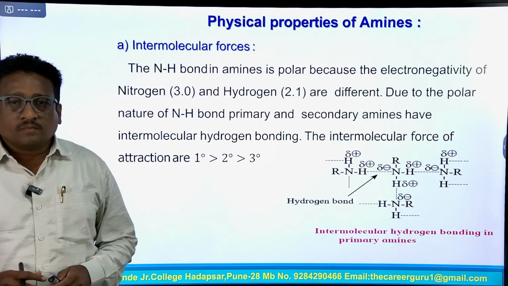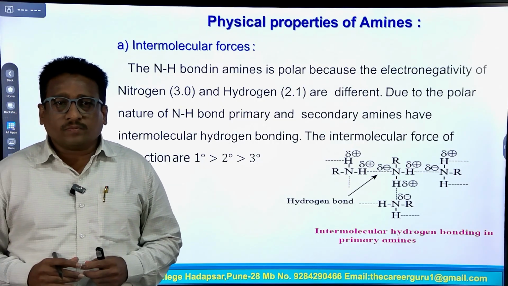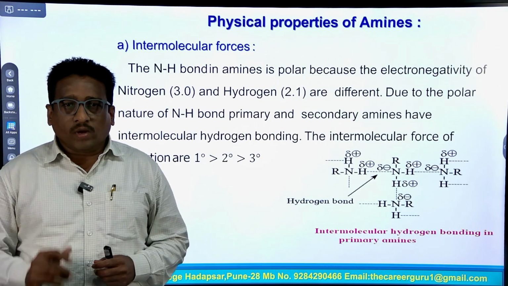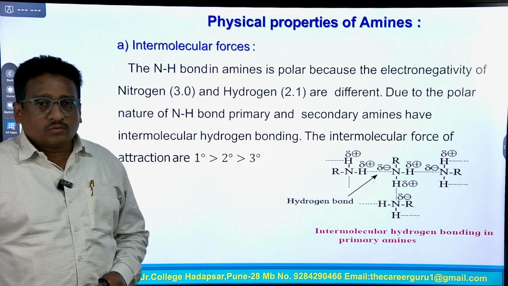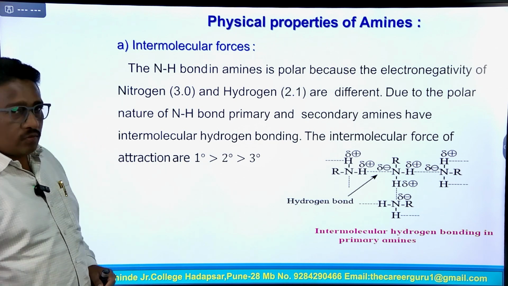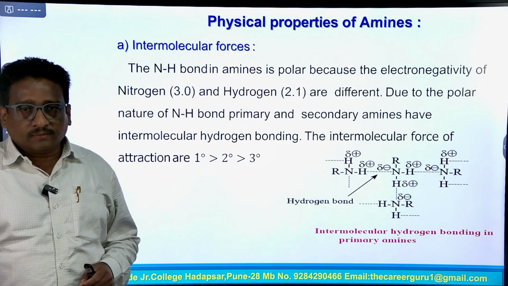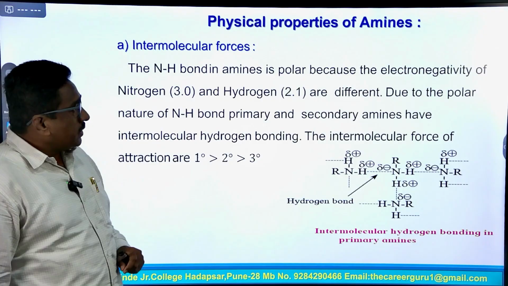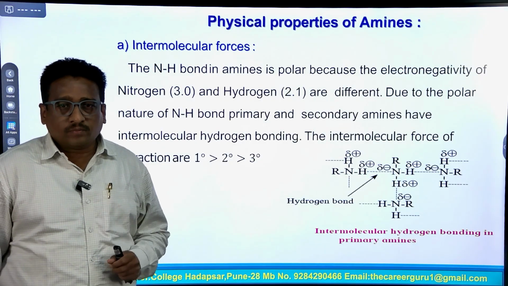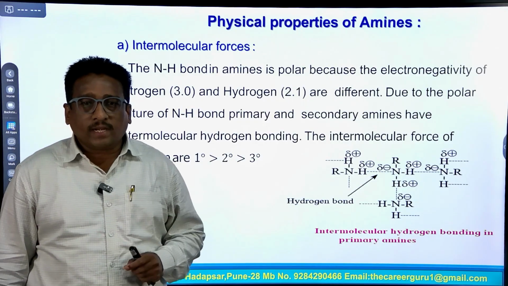The next point, physical properties of amines. Number 1, intermolecular forces. We know the structure of primary amine, secondary amine and tertiary amine. The nitrogen hydrogen bond in amine is polar because of the electronegativity difference between nitrogen and hydrogen.